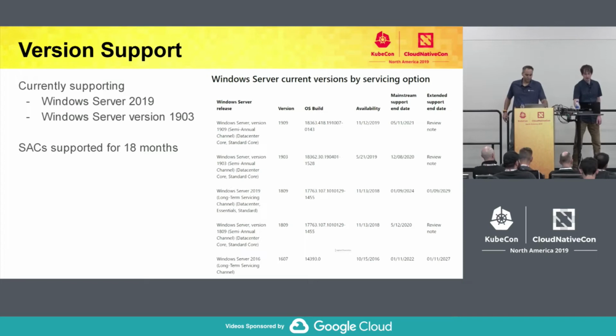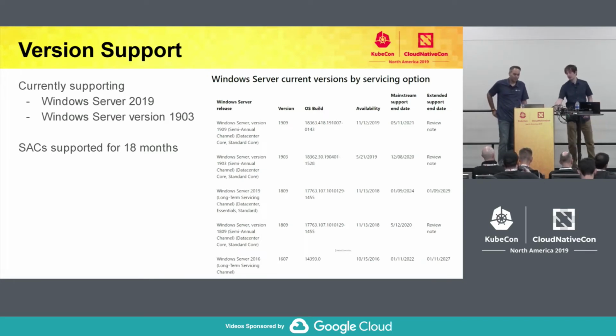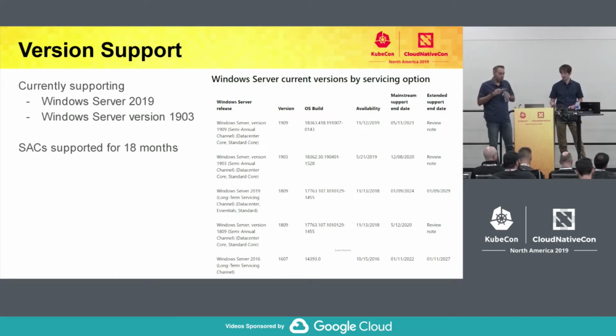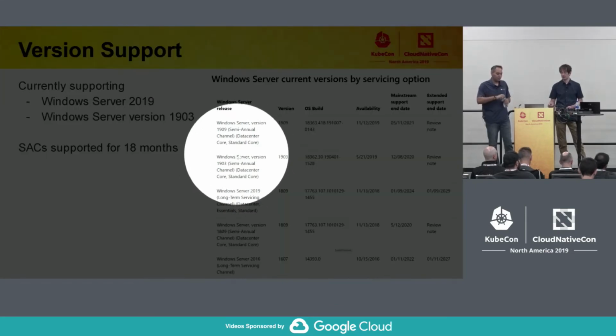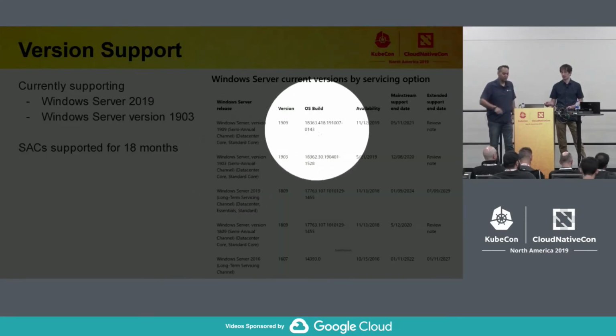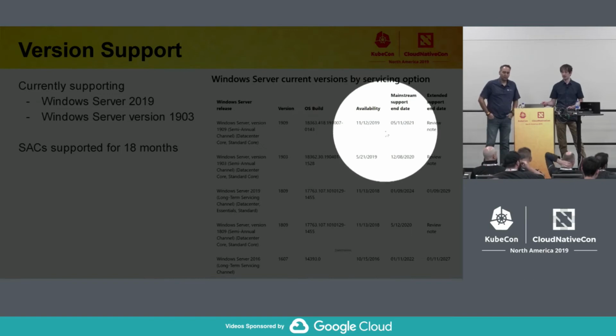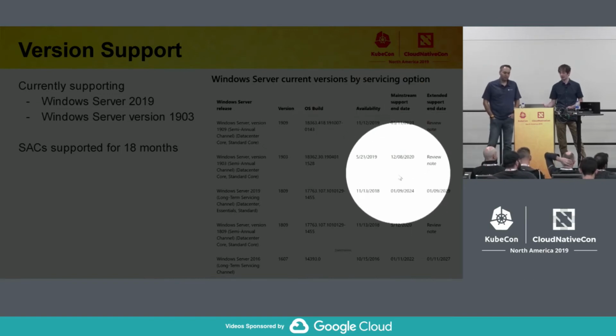Okay. So we briefly mentioned that we have the 2 servicing channels. There's the long-term servicing channel and the semi-annual channel with the different support segments. Microsoft has a chart available that shows what the build numbers are for each one of these, when it was made available, and when it's going to end support.